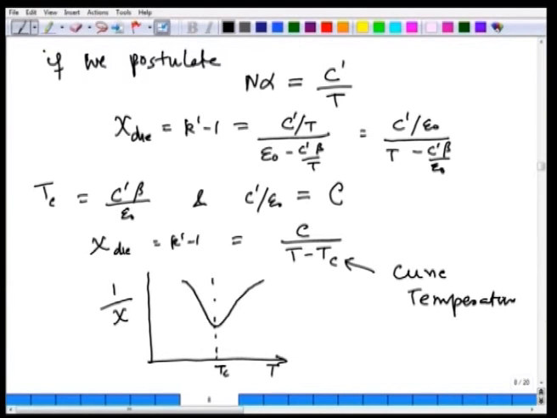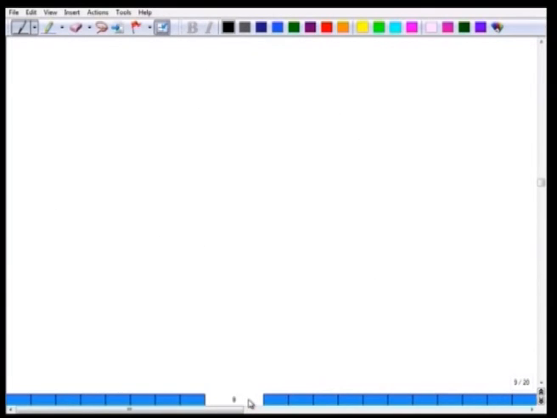In finality, in another 5 minutes, let me try to show you the behavior of this particular barium titanate material. If you look at ferroelectric materials, they will show you much the same behavior as ferromagnetic materials. What is ferroelectricity?